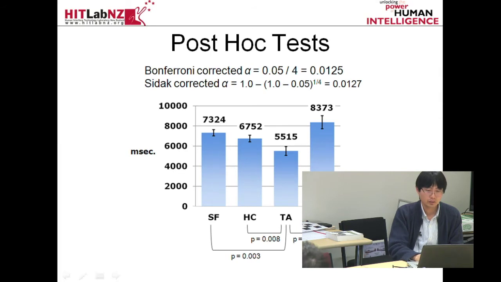So here's an example. If you had 3 different types of interfaces and you ran ANOVA and it was significant, so the p-value of the ANOVA was less than 0.05, then what you'll have to do is compare them pairwise, because if you want to say this one is better than this, then you'll have to make sure these 2 are also significantly different.